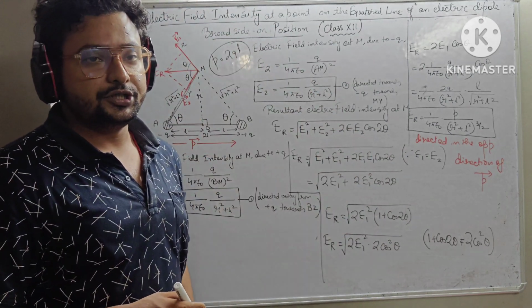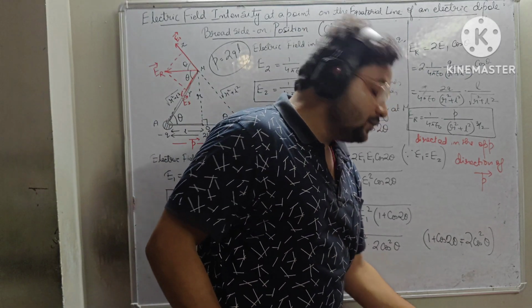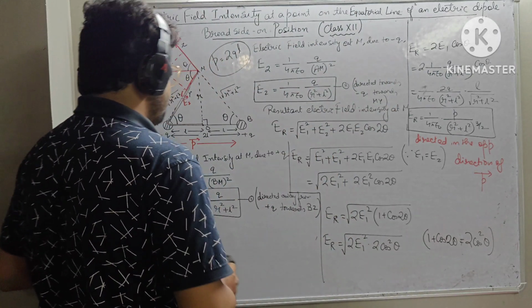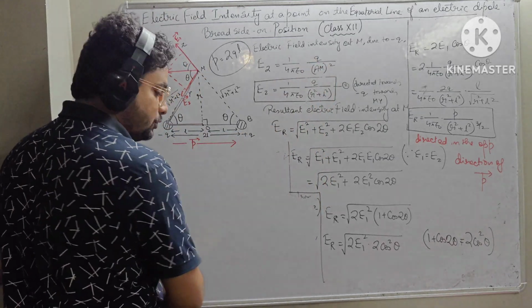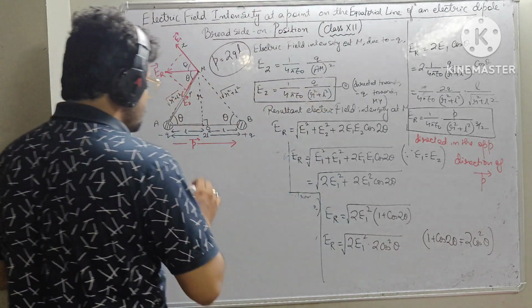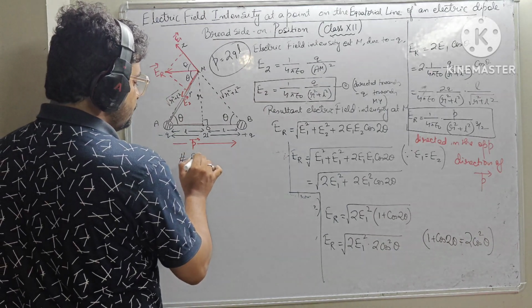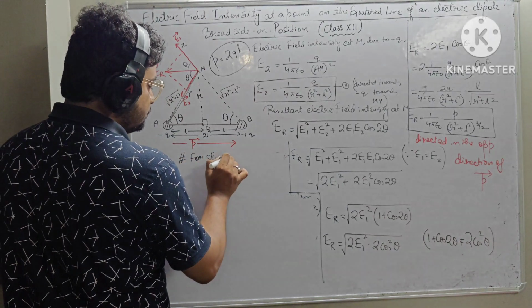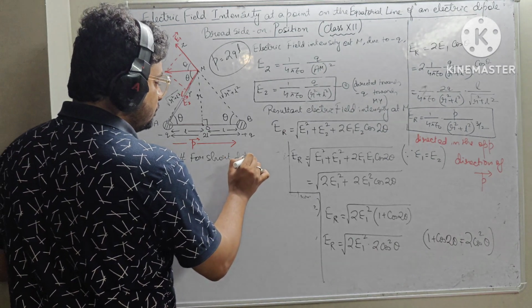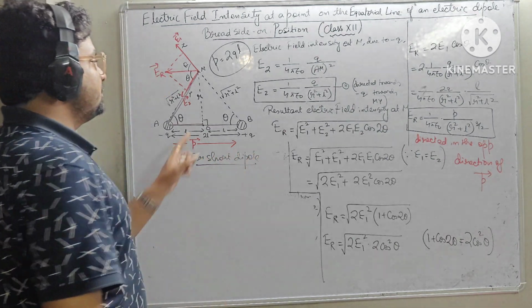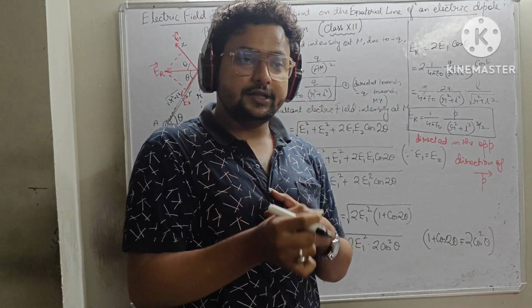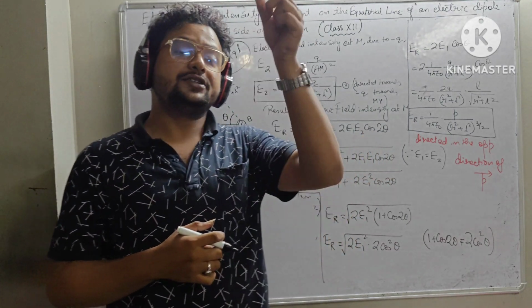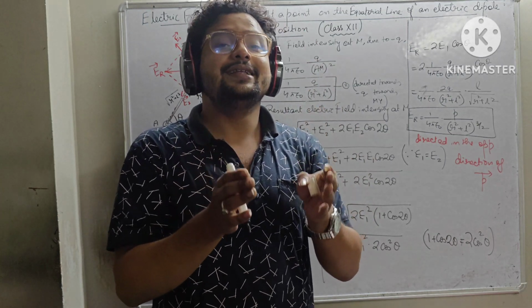Now in case you are given a short dipole, okay, in the previous video I had told you how to find it for a short dipole and what is the meaning of short dipole. So short dipole means this particular point M is at a very large distance. Okay, this particular point M is at a very large distance compared to the length of the dipole.